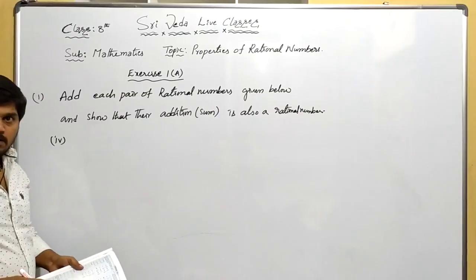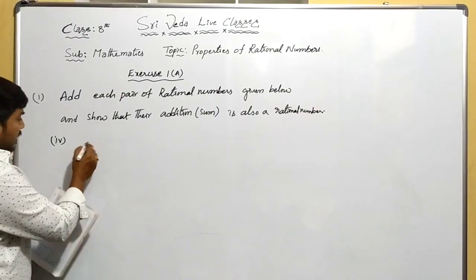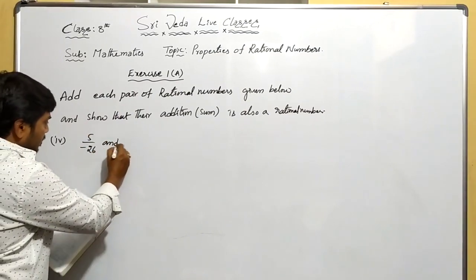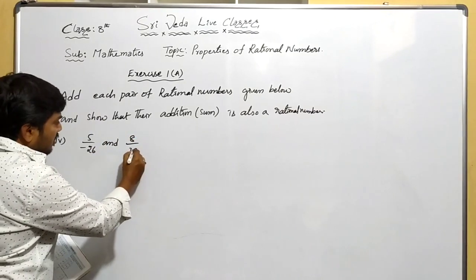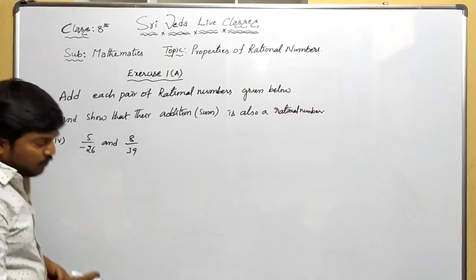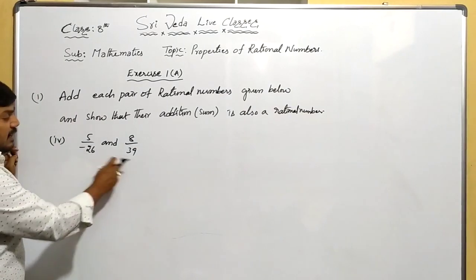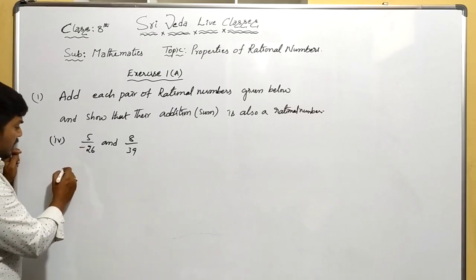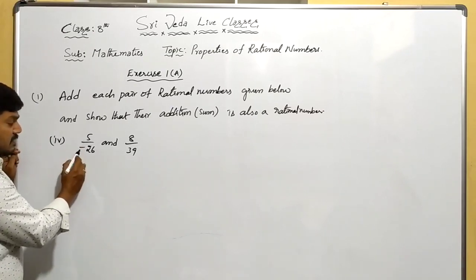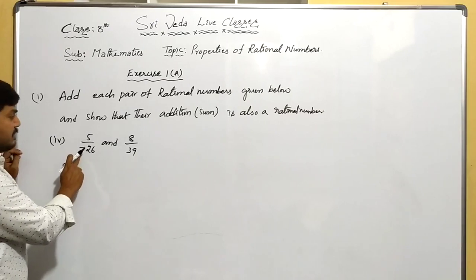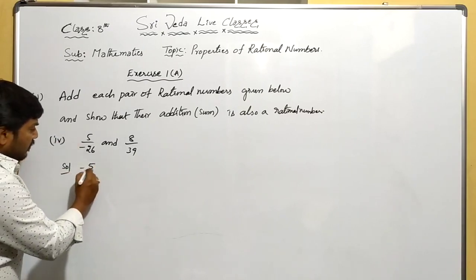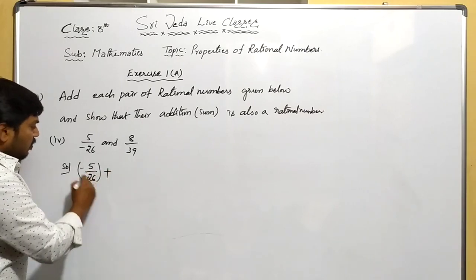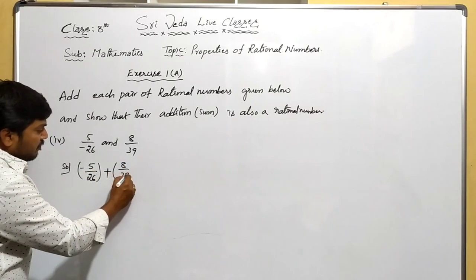Okay, the fourth one: 5 by minus 26 and 8 by 39. We need to add, but here the denominators are different. For rational numbers like this, the negative sign should always be written with the numerator: minus 5 by 26 plus 8 by 39.